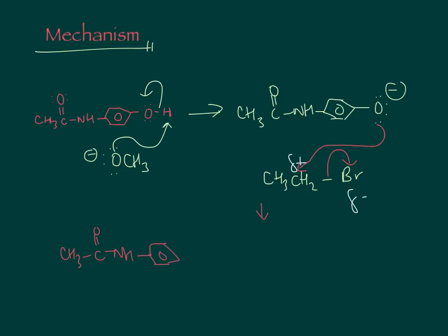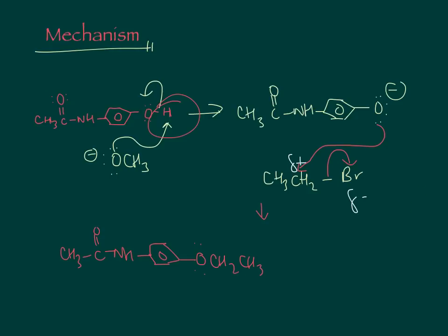Once again, the ring is still intact. We have that's a little ugly. Okay, anyway, so we have the O, CH2, CH3. Notice that compared to our starting material, the difference is that the hydrogen was deprotonated, and then we added in our alkyl halide.